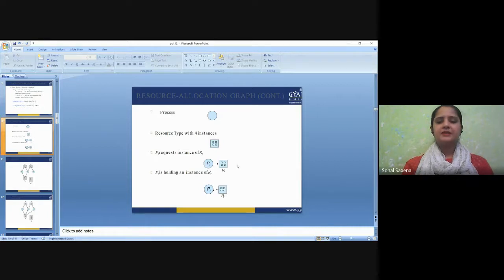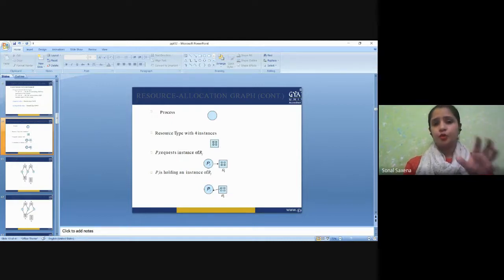Now these are some of the symbols that we are going to use in the resource allocation graph. As I already told you, the process is always denoted by a circle. Whenever you want to show a process inside the resource allocation graph, you need to symbolize it using a circle. Similarly, if you want to represent a resource, you need to make it a rectangle or square in shape.